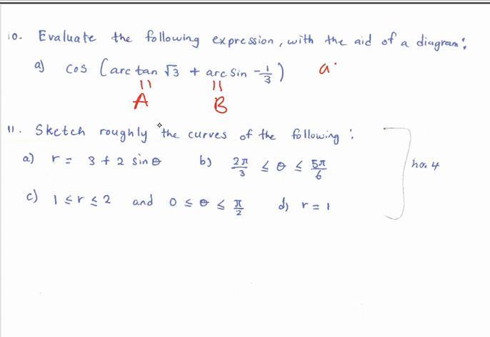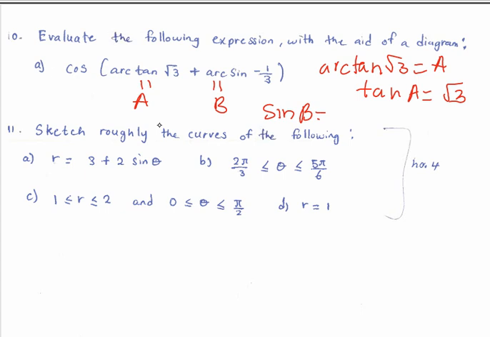So if you let arctan of square root of 3 be equal to A, which means tan of A would now be square root of 3, okay? Same thing for this one. If you solve, you're going to have sine B equals negative 1 over 3.